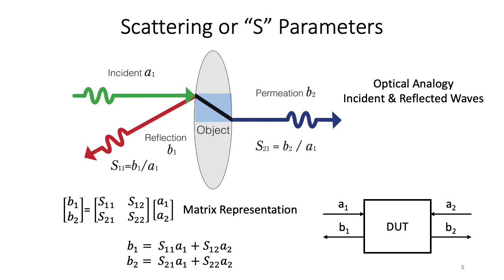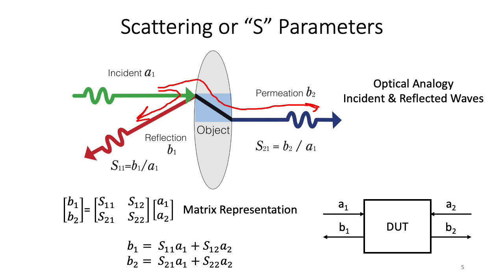Here I have an incident wavefront A1, which impinges on an optical lens, and that incident wavefront is either passed through the lens and generates an output here, or it's reflected off the surface of the lens and ends up with a reflective component B1.